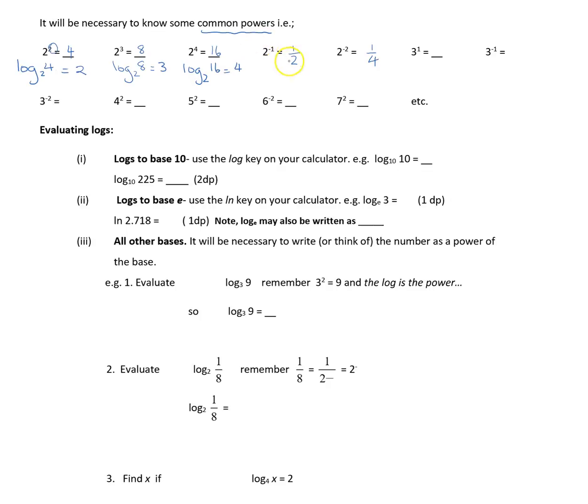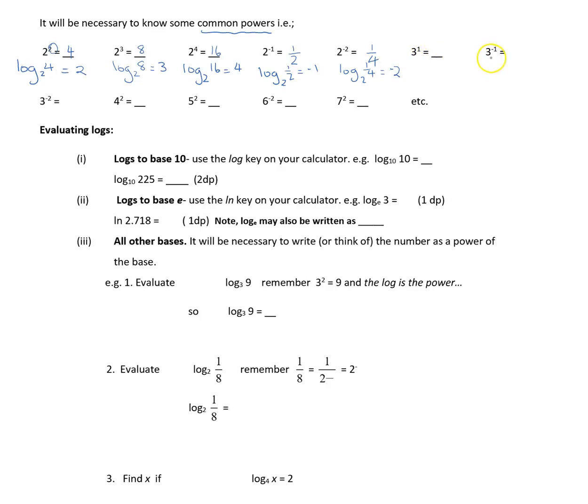A half is a little bit of a hidden power of 2, so we could be asked to get the log of a half to base 2, and you can see that is minus 1. Or you could be asked to get the log of a quarter to base 2, and you can see the answer is minus 2.